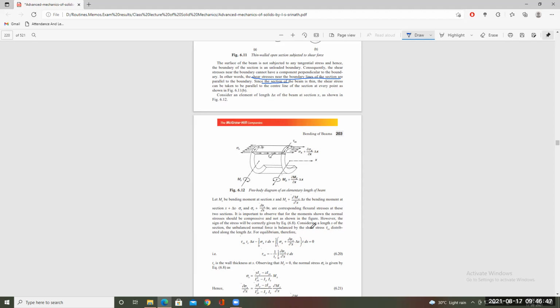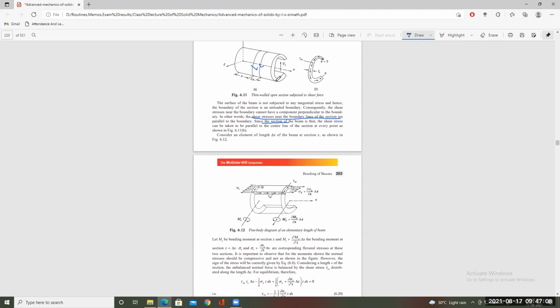So the normal force will be balanced by the shear stress tau xy distributed along the length delta x. The unbalanced normal force is balanced by the shear force tau xy distributed along the length delta x.